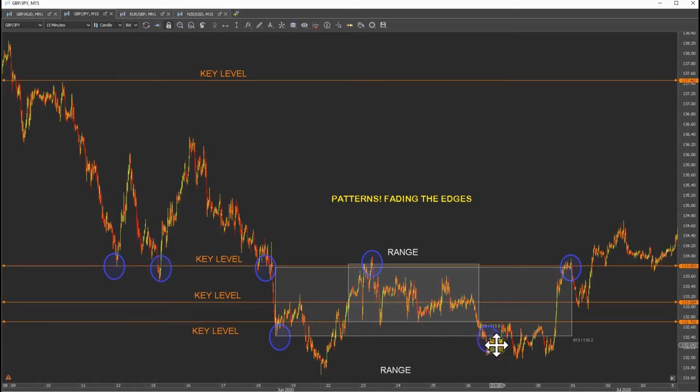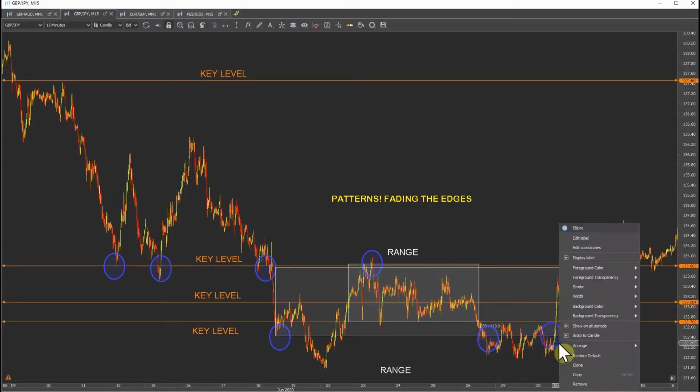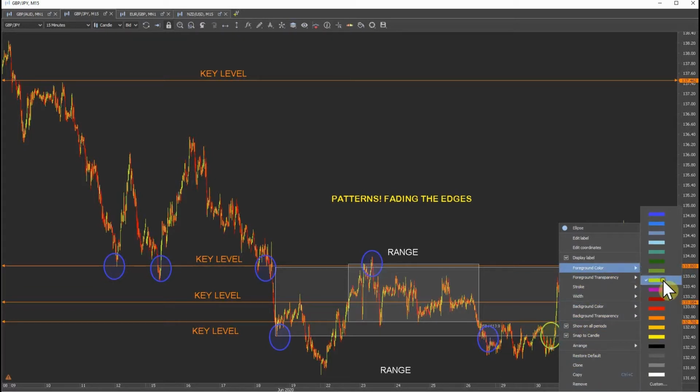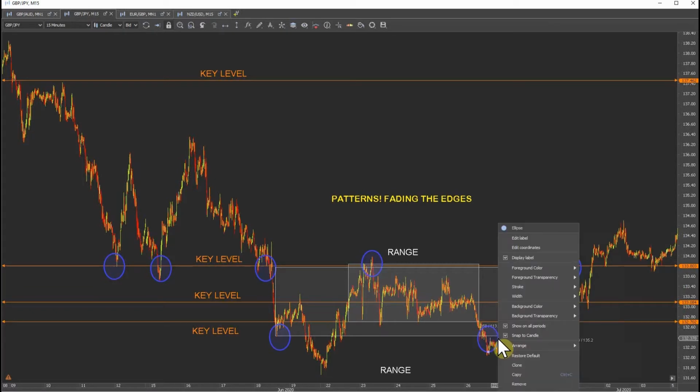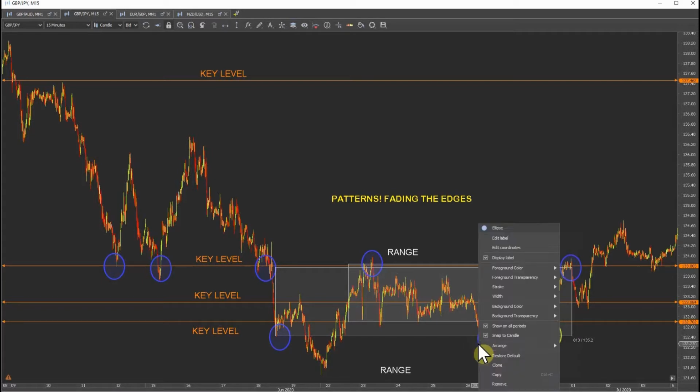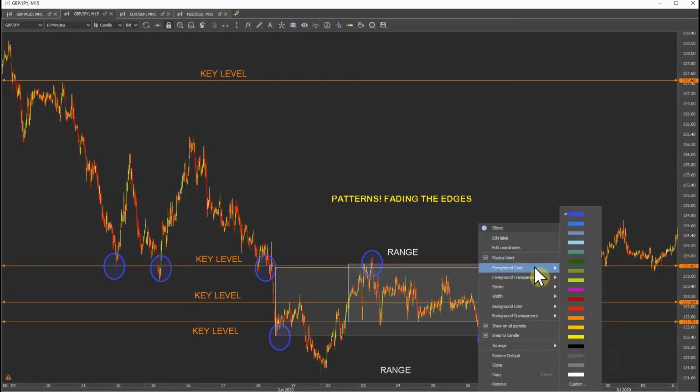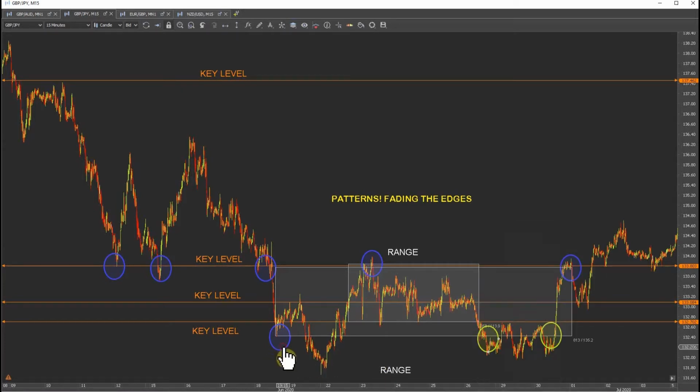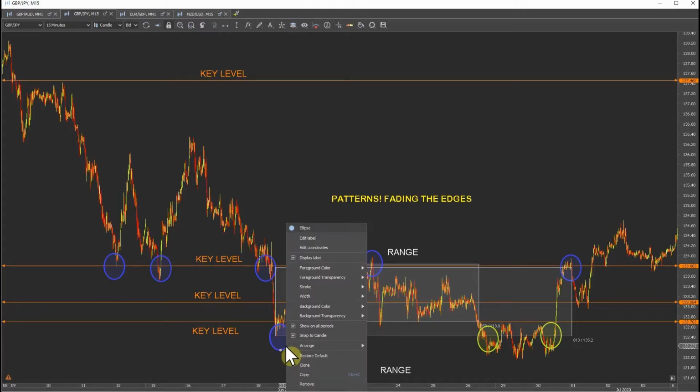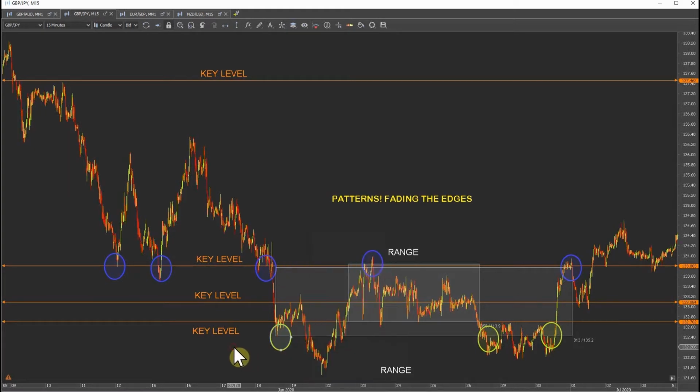let me mark it for you first, guys. I'm going to make it green because this is where we're bullish, okay? When we're fading the edge of the range. Those are green.